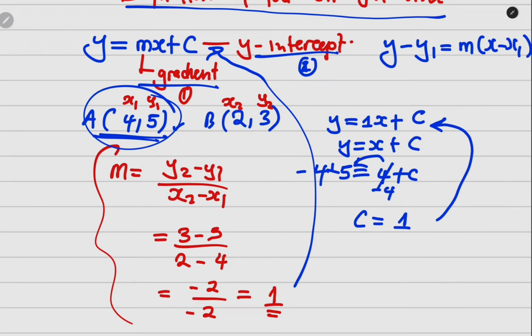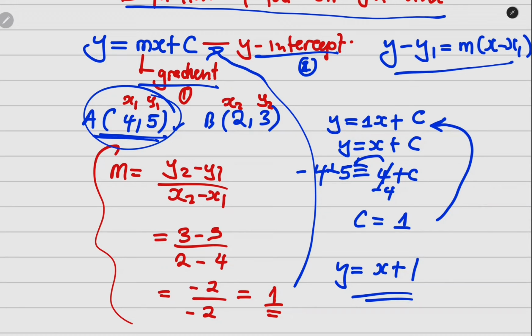Then we can fix it in this one and say y equals x plus 1. This is the equation of the line AB. That is how you find the equation. So what are the steps? You need to find the gradient first, then find the intercept by using one of the coordinates.